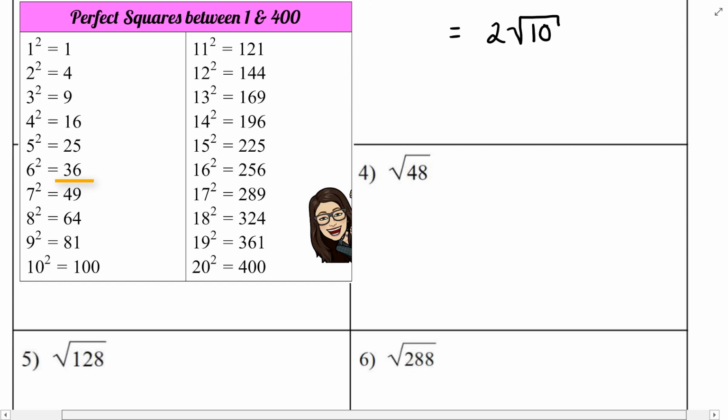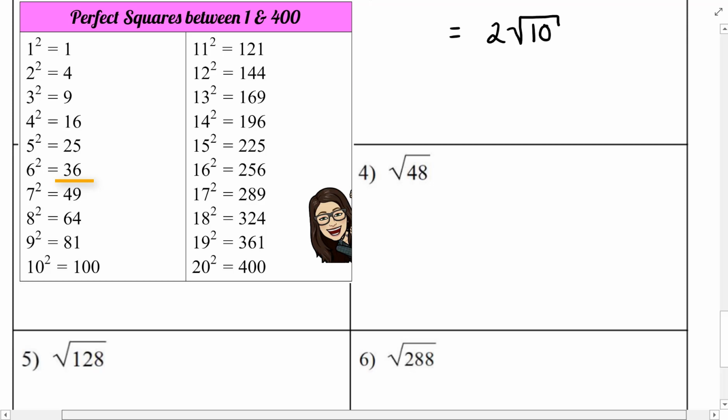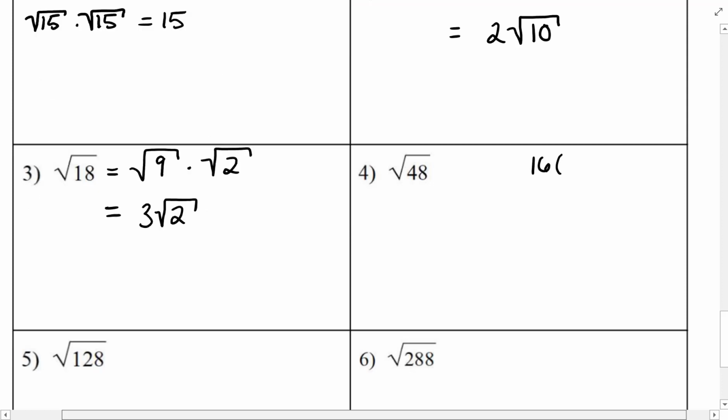The next one is 16. Does 16 go into 48? Actually, it does. 16 times 3 is 48. Okay, so if we had used 4, we would not get the correct answer because we would not have completely simplified.